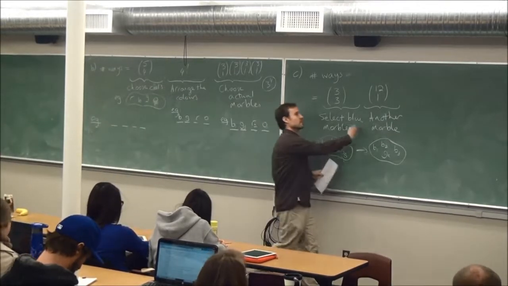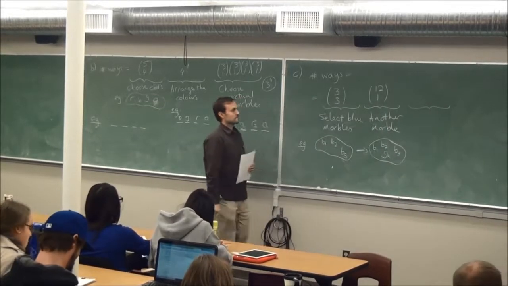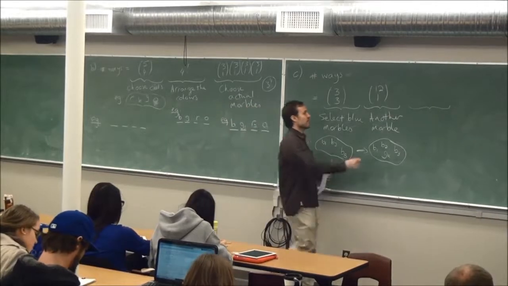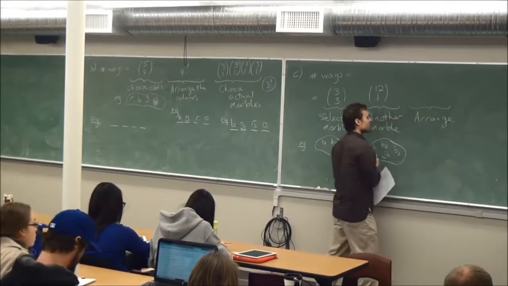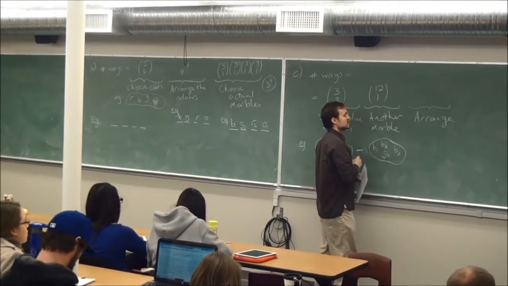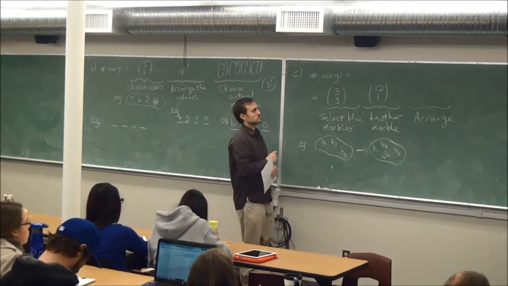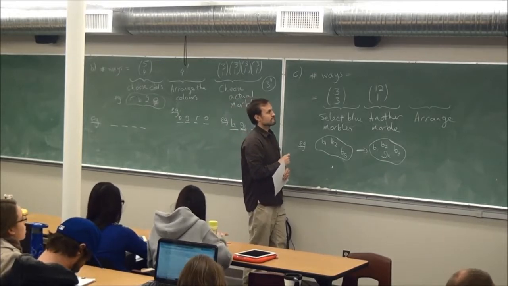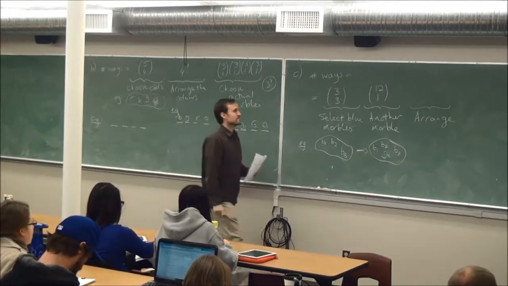Okay, so now I have my collection of marbles. What do I need to do? Now I can arrange them. I have everything. How many ways can I arrange them? That's the easy step. 4 factorial.